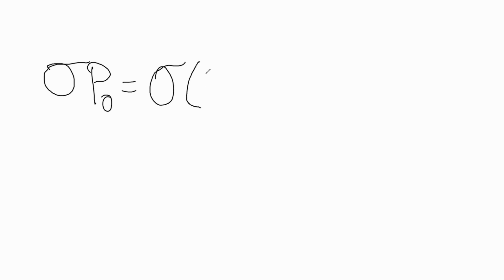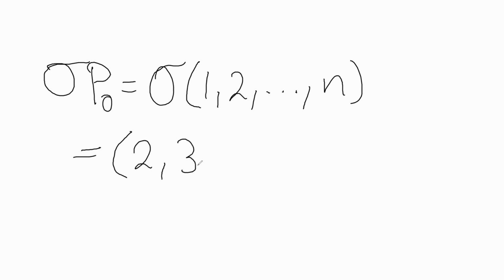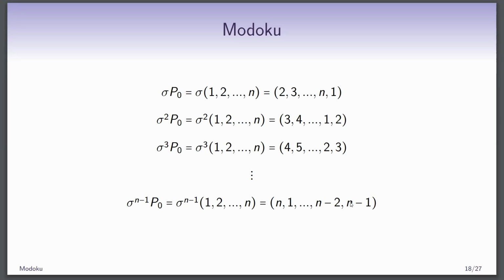For instance, if we apply sigma to p sub 0, which is the list 1 through n, we achieve 2, 3, all the way to n, 1. We can apply sigma again to our new p sub 0 list and obtain the order 3, 4, all the way to n, 1, 2.